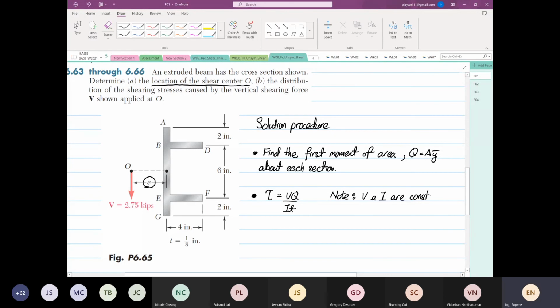That's why this is so important. If you don't assume V and I are constant, you will ask what is the shear force in AB, what is the shear force in BD. So we're going to assume that V and I are all constant in this function.